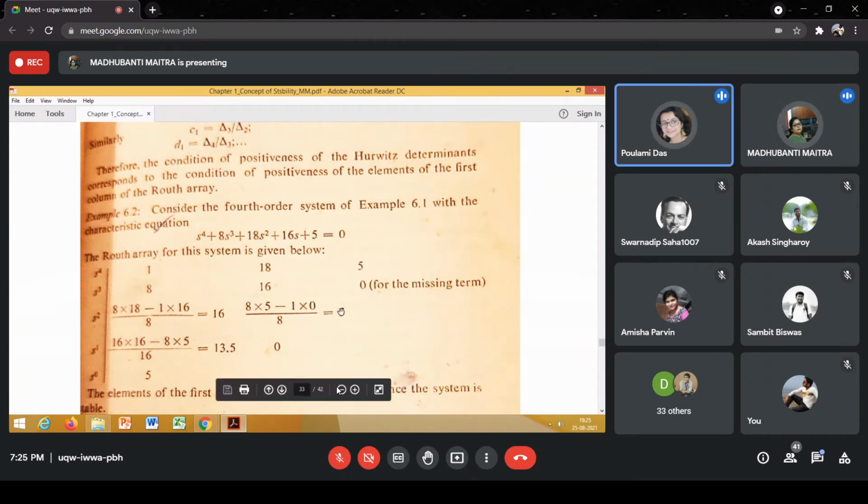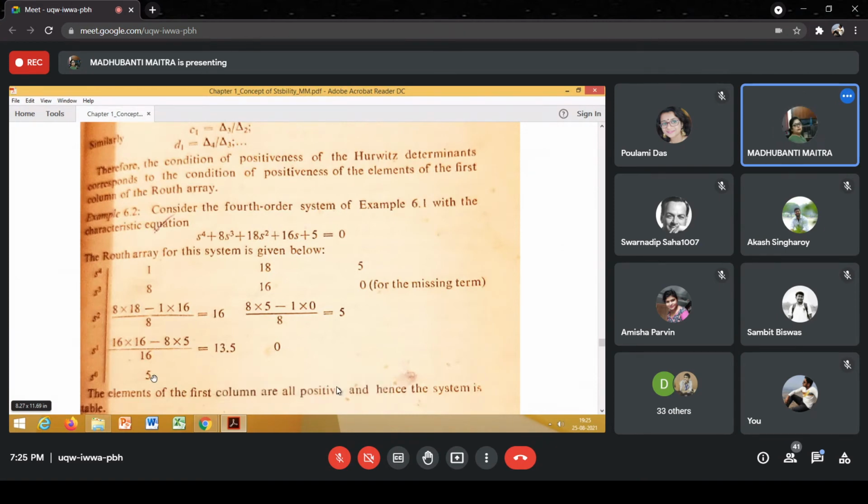Yes, ma'am. (13.5 into 5 minus 16 into 0) divided by 13.5. So we'll get a4 over here. So please write down the elements of the first column of Routh array, and the elements are 1, 8, 16, 13.5 and 5.